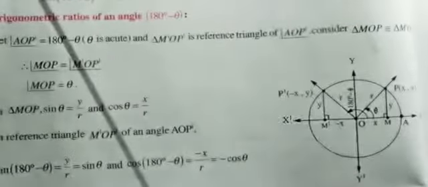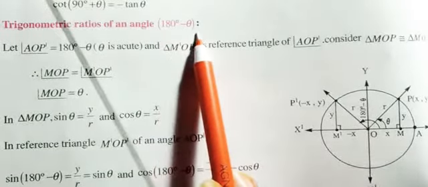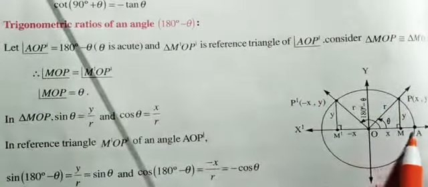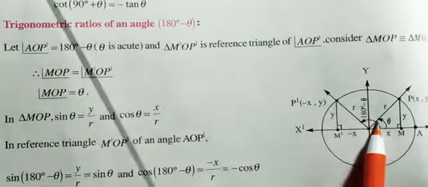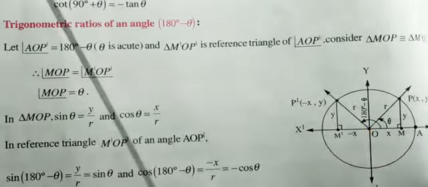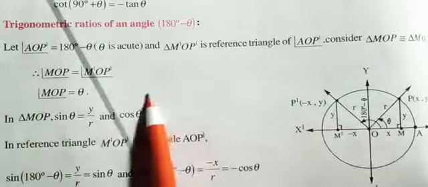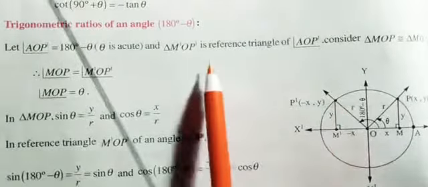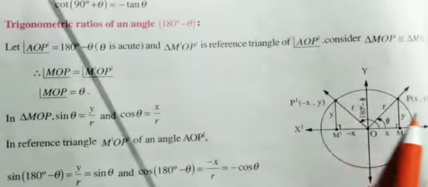So next move to another question, that is trigonometric ratio of angle 180 minus theta. Now here angle AOP dash is equal to 180 minus theta. This is 180 minus theta, and this angle we are taking as theta. Theta is acute angle, and here triangle M dash OP dash is reference triangle of angle AOP dash.